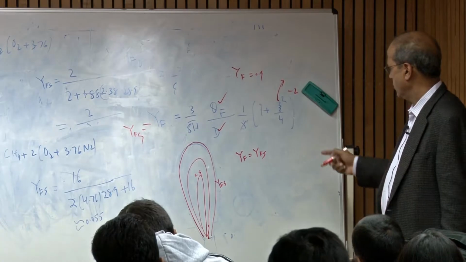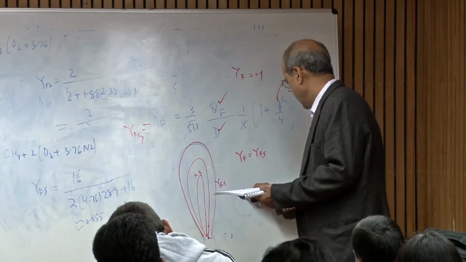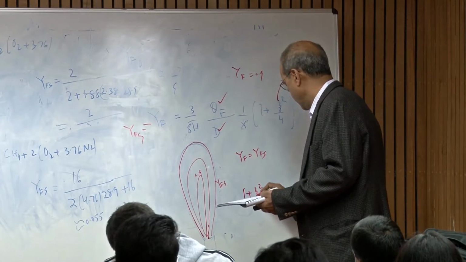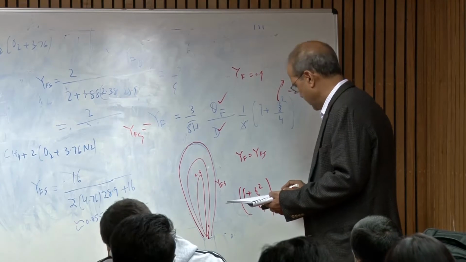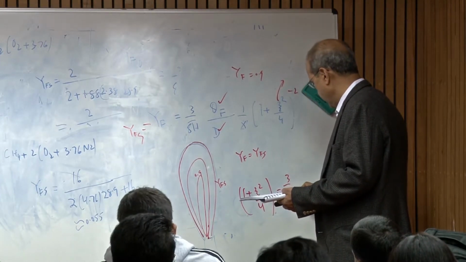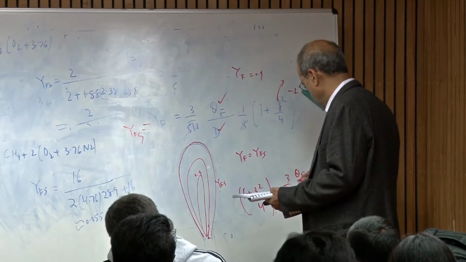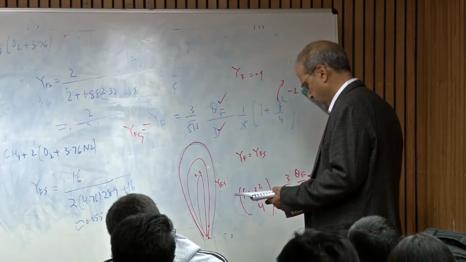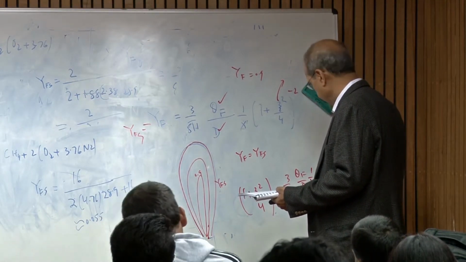You can write this in a different way: 1 plus psi square over 4 equals 3 over 8 pi (1 over x).